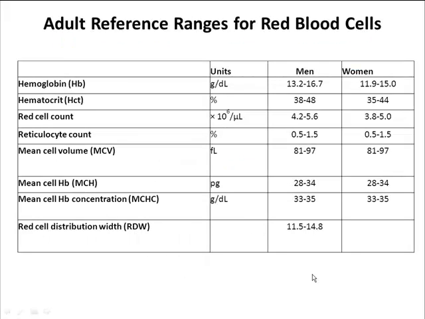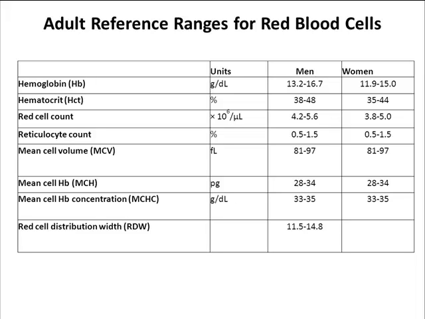So this table just shows the adult reference ranges for red blood cells. This is just a sample table. One thing you have to note is that different laboratories have their own reference ranges, and that's because different laboratories see different populations.